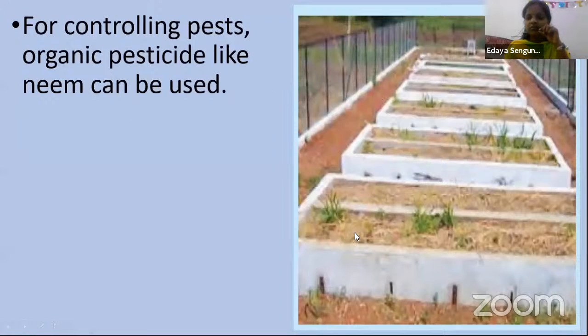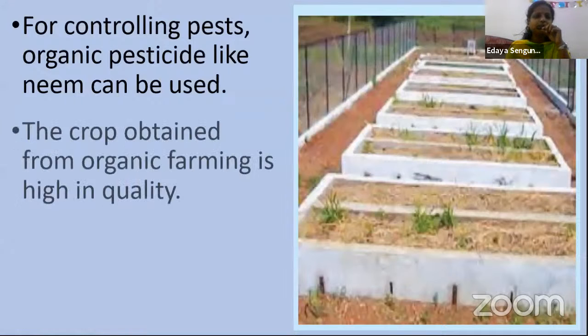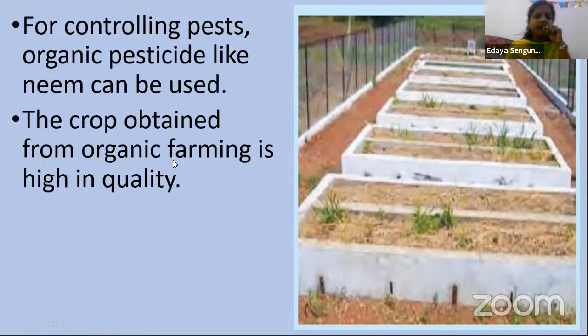Okay, now this is a pic from your textbook, how they are making the organic fertilizers or organic compost. The crop obtained from organic farming is high in quality. They are very, very good in quality.